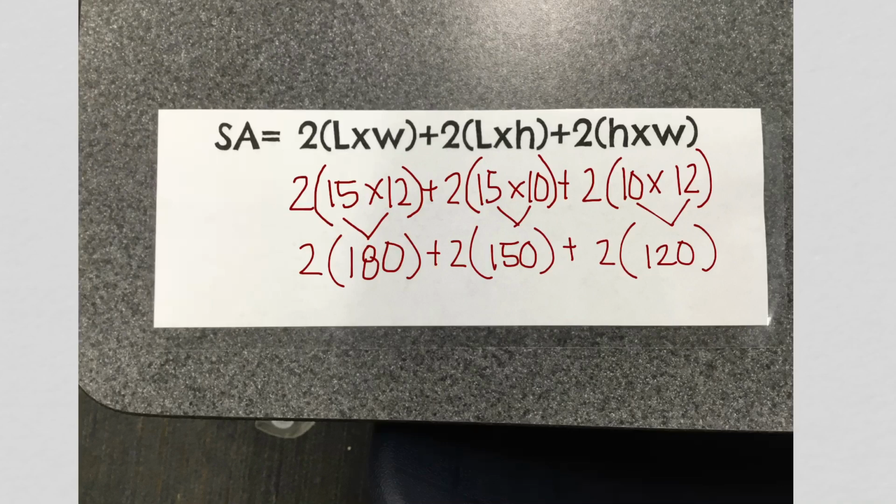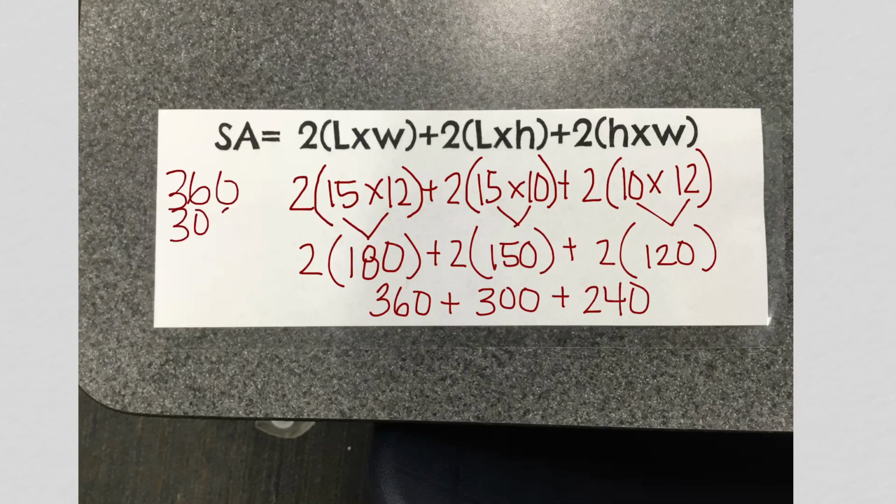All right. Now I'm going to say 2 times 180 is what? 360. 2 times 150 is 300. And 2 times 120 is 240. And then when I add all those together, what do I get?